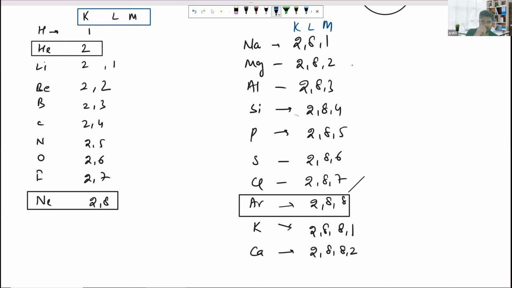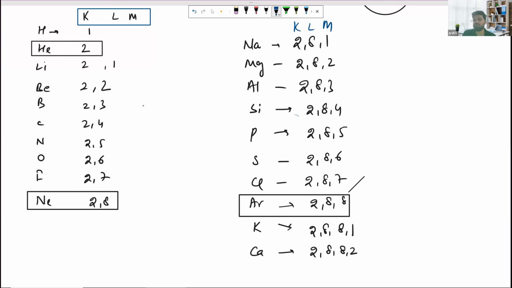Now check here that helium has the first shell complete. Neon has the first and second shells complete; the maximum number in the second shell is 8. The third shell also holds 8 electrons, so argon is the third completely filled shell.